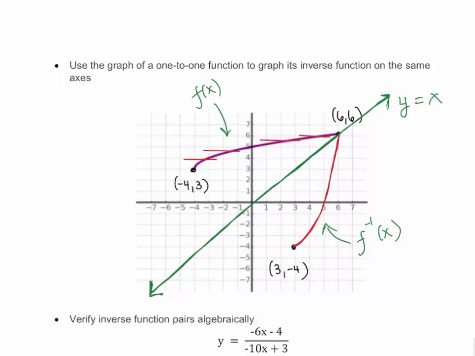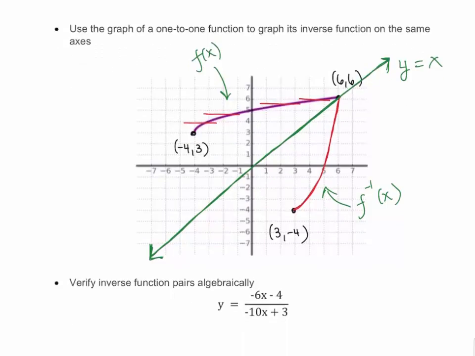Whatever the domain of f was, now it's the range of f inverse, and vice versa. The range of f becomes the domain of f inverse. So that's how you graph functions that are one-to-one and find the inverse.